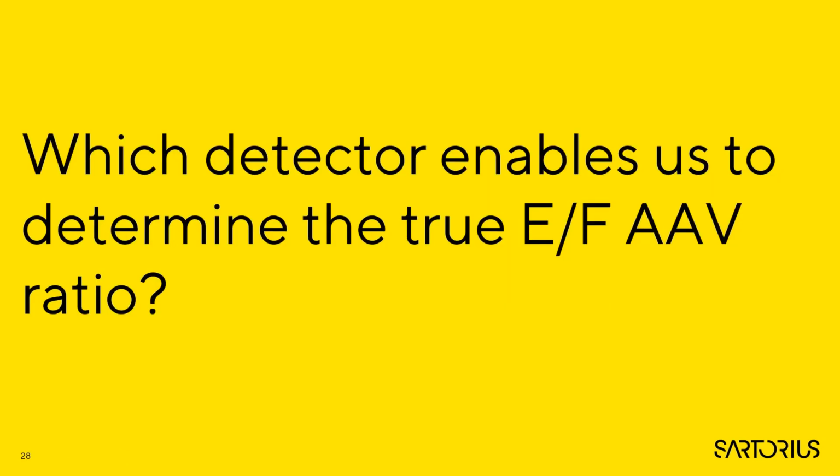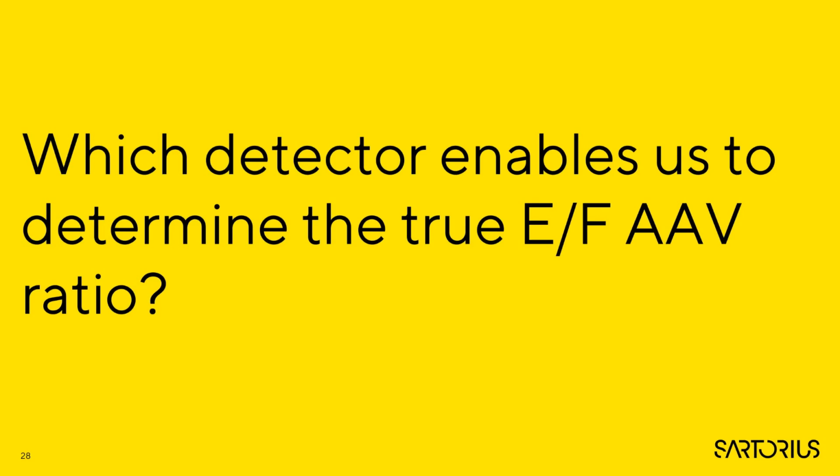So we saw earlier when Andrea already and later myself were showing the calibration curves for different detectors, that there are significant discrepancies in empty and full response between different detectors. So this leads us to a question: which detector enables us to determine the true empty and full AAV ratio?